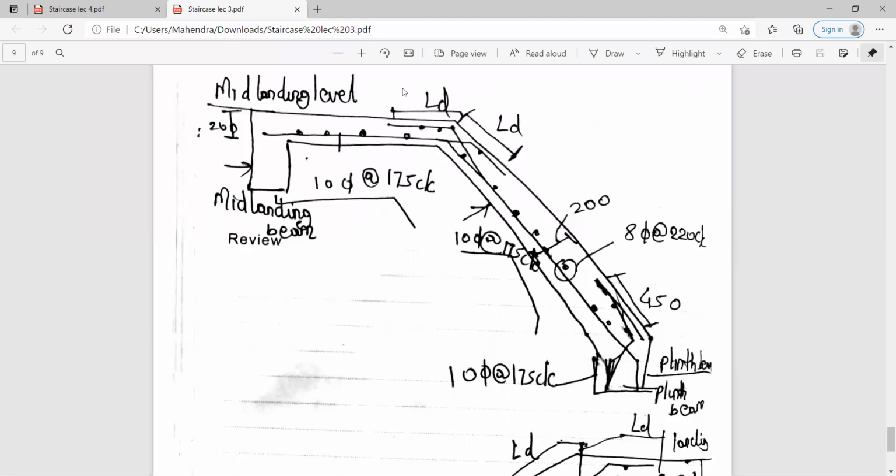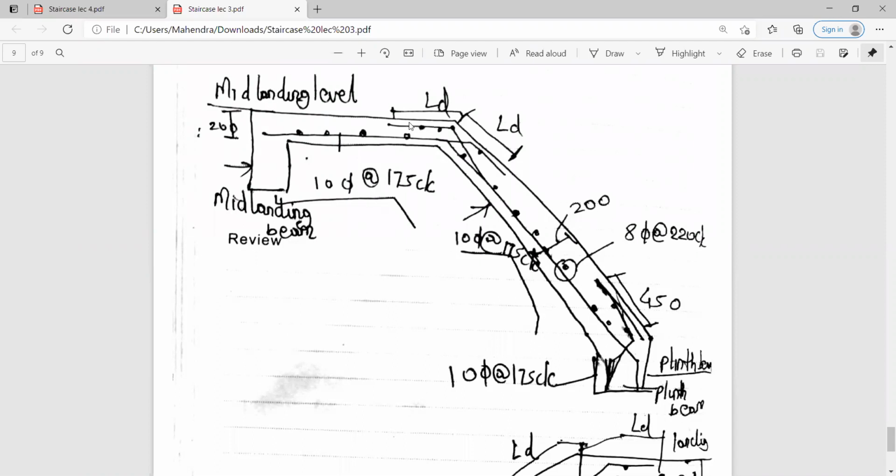Again, here is your main reinforcement, 10 phi at 175 center to center. 200 is nothing but the depth of the waist slab. Again, this beam is your mid landing beam and this is your mid landing level.